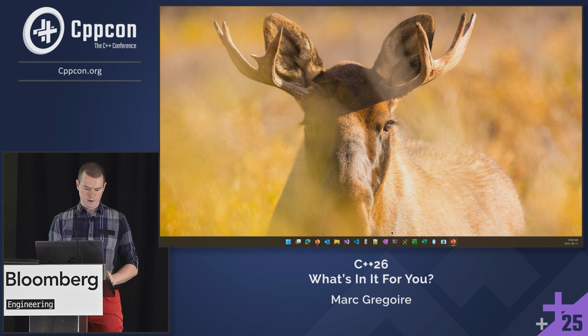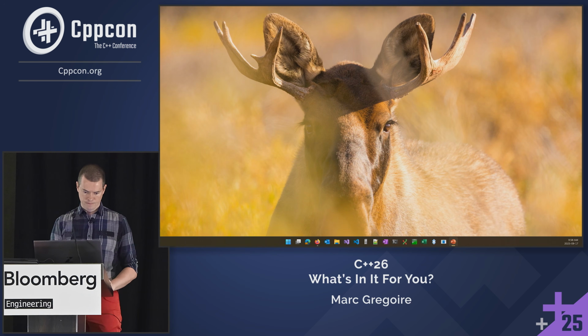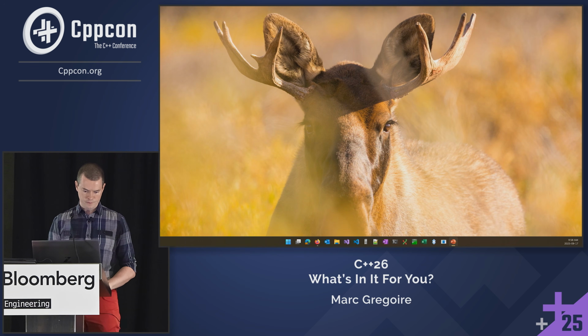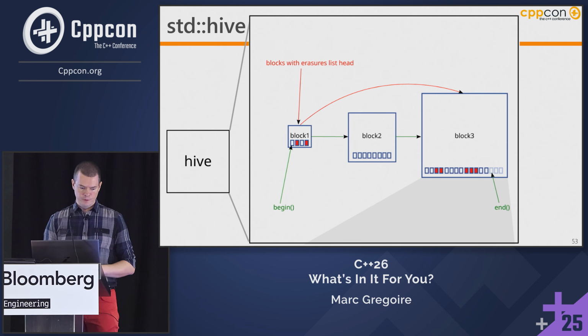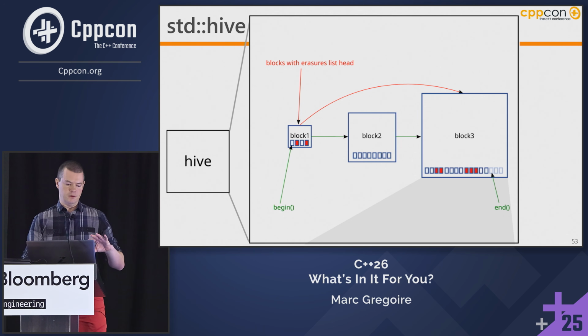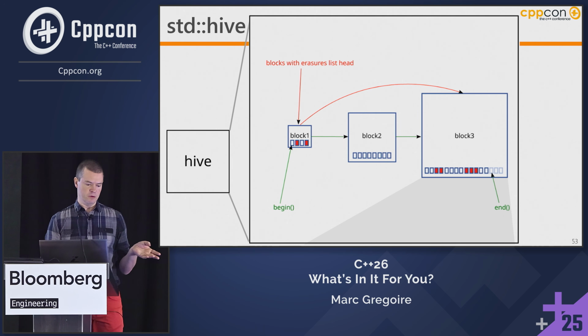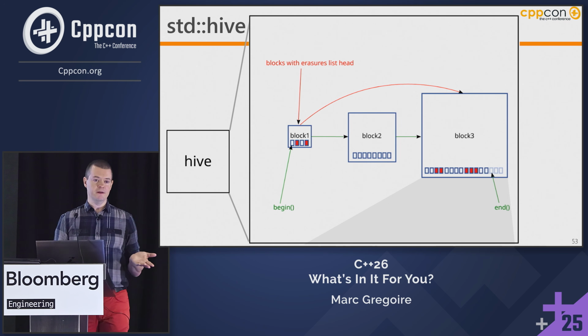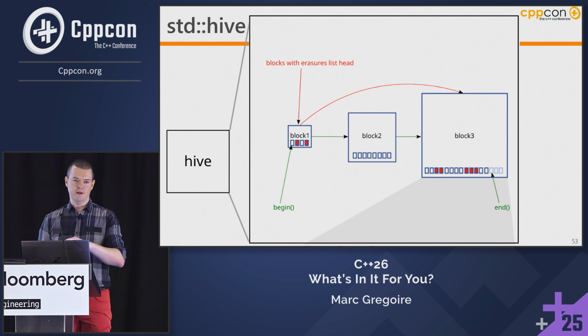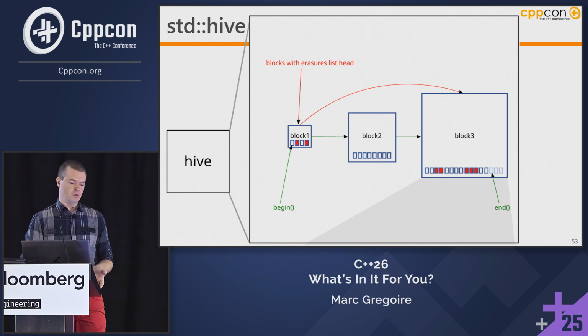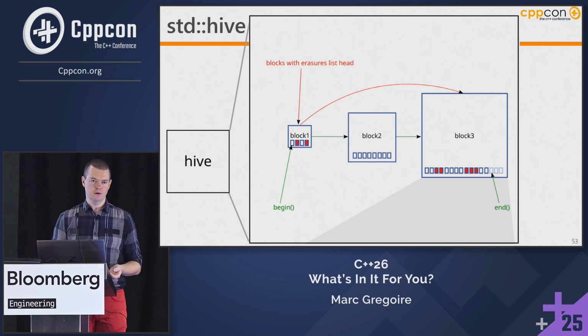So the Hive consists of several disjoint memory blocks, right? They can be scattered into blocks in memory. I guess it's not mandated by the standard how they are implemented, but I guess one block will point to the next block, will point to the next block. So iterating over them is linear?